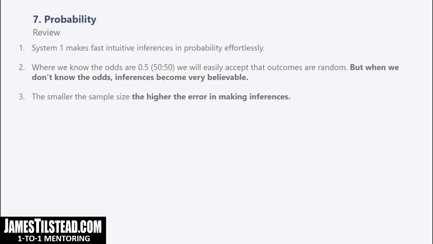Not only are individual trade outcomes completely irrelevant, small sample sizes of trades and the inferences that we effortlessly draw from these have huge errors in them. And this has massive consequences for traders who just don't get it. Traders will look at a system's results over a very short period, and if that period is profitable or it's had a high win rate, they will infer that, hey, this is a great system.